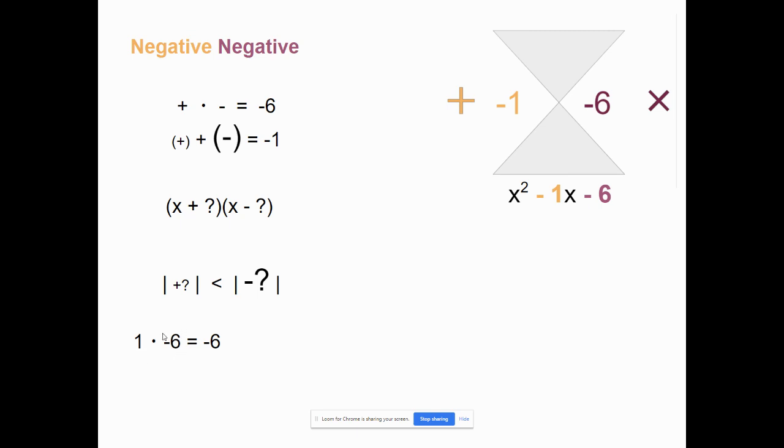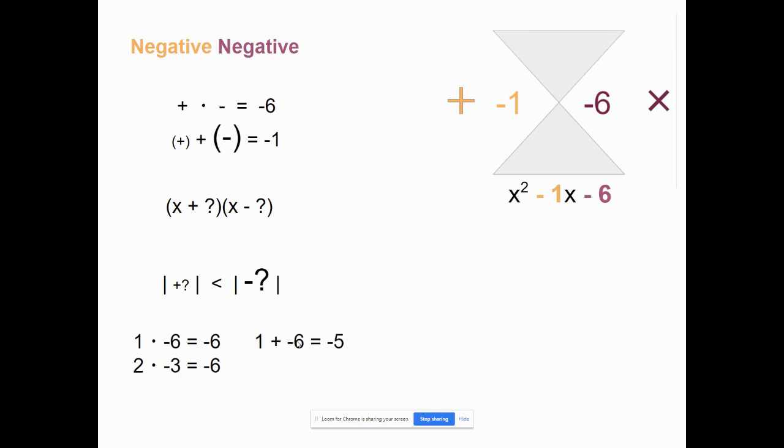And if you take the absolute value of negative 6, that is 6, which is greater than the absolute value of 1, which is 1. And then negative 3 times 2, the absolute value of negative 3 is 3, which is greater than the absolute value of 2, which is 2. And you get a negative 6. And you only have to test those two options, because if you put the negative sign on the other one, you couldn't get to a negative 1.